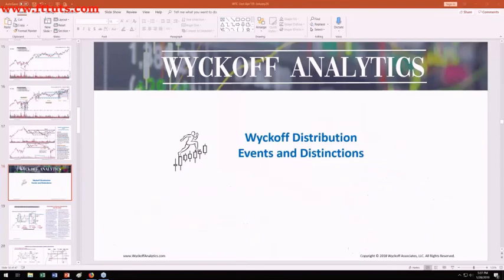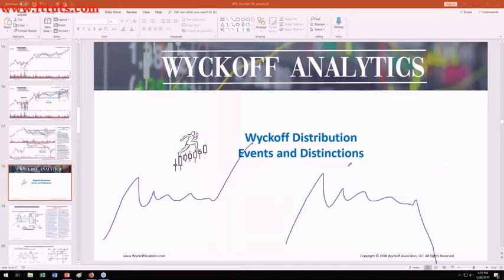All right. Is there a redistribution trading range setup similar to reaccumulation, or will it just be preceded by a buying climax during an overall downtrend? There are quite a few similarities between a reaccumulation and a distribution. And usually, as we say, the first third of the trading range is going to look the same.